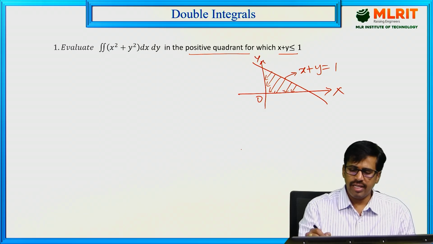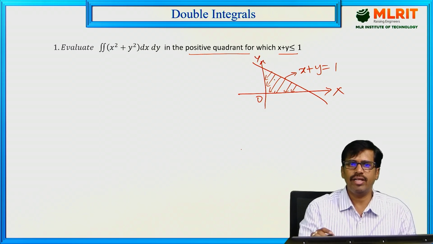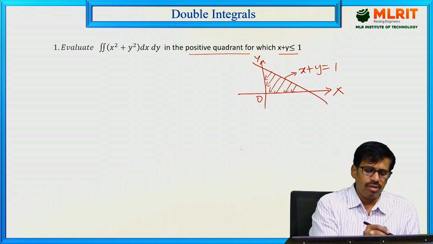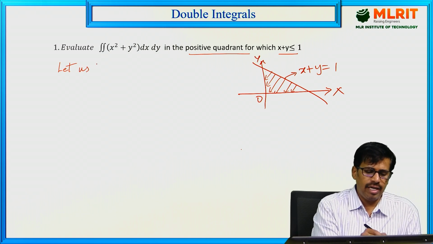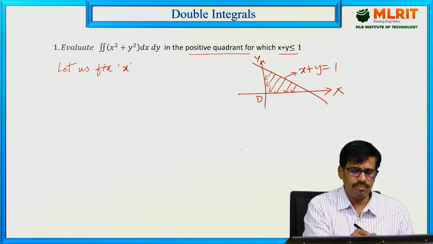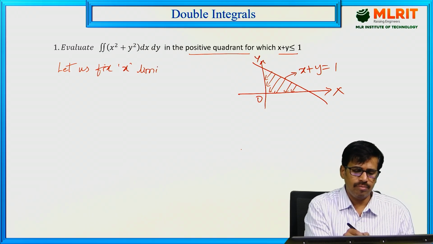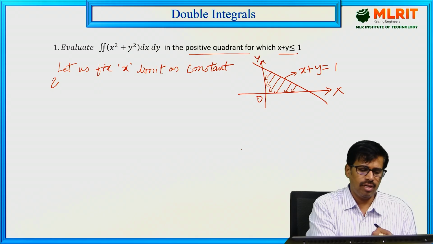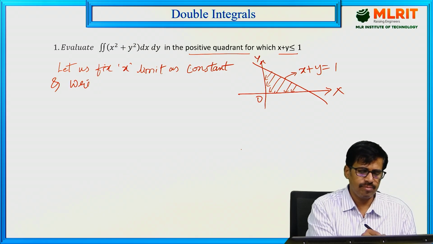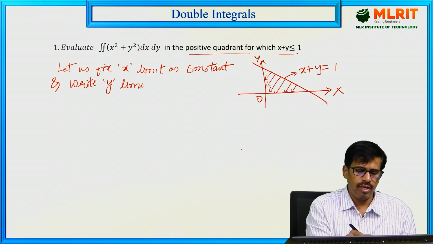So in this region of integration, that is in the first quadrant, to find the limits of x and y, first let us fix the x limit as constant and write the y limits in terms of x.